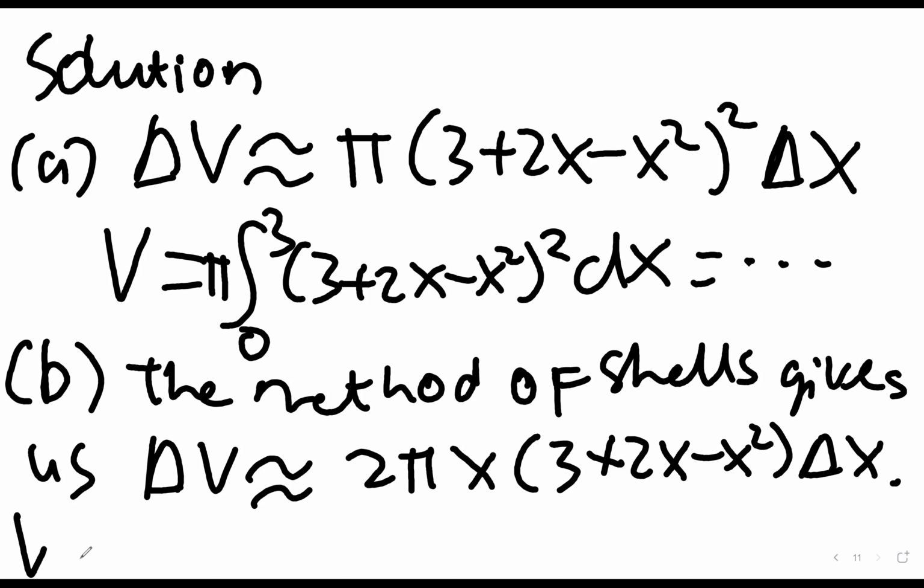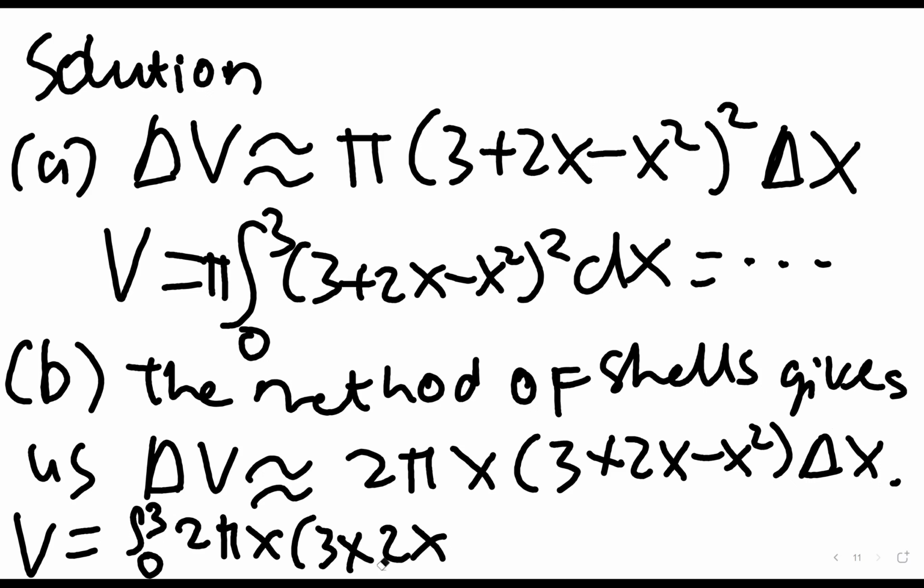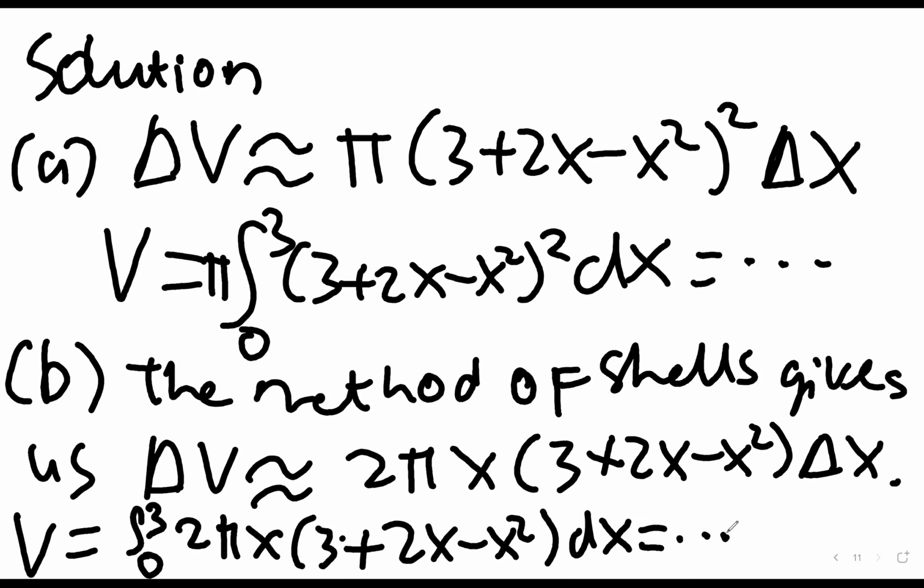So in this case, V goes to the integral from 0 until 3, 2 pi x (3 plus 2x minus x squared) dx. Of course, you can calculate the details here.